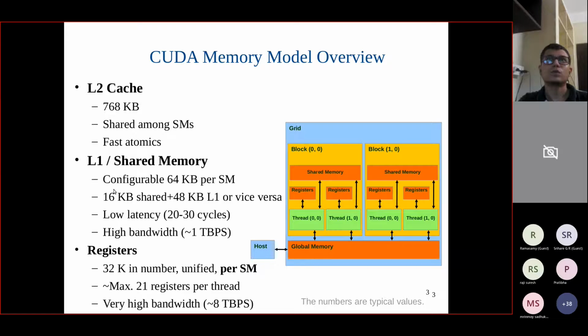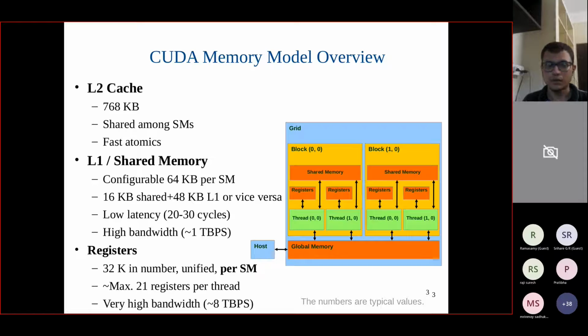The programmer can specify, okay, I need 16 KB as shared and 48 KB as L1, or vice versa: 48 KB as shared and 16 KB as L1. That is in the hands of the programmer. Or we can also specify 32 KB as shared and 32 KB as L1.